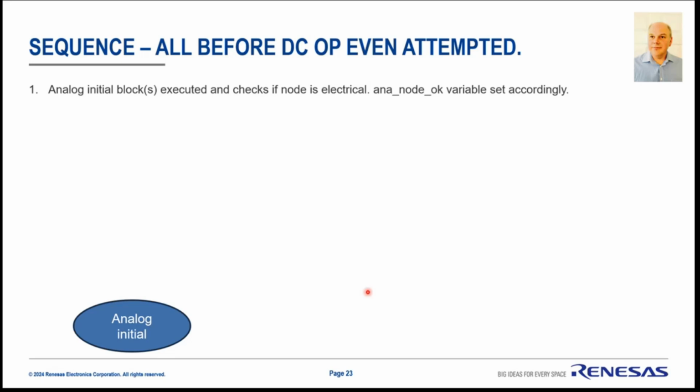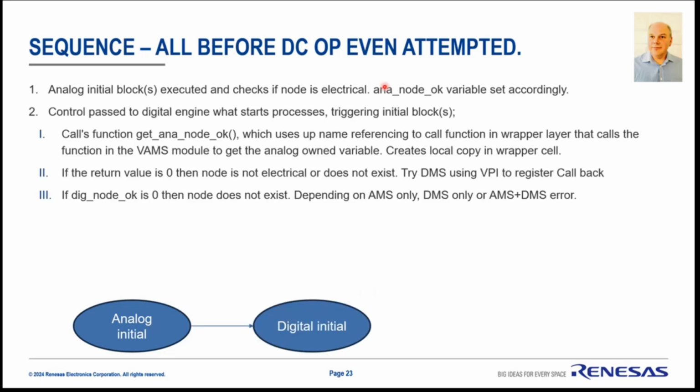And in my system, I check whether the string passed in, the node of interest, is electrical or not. And from that, it sets this anode OK variable. At that point, the simulator passes control to the digital initial block.